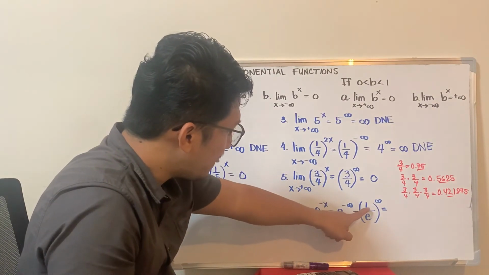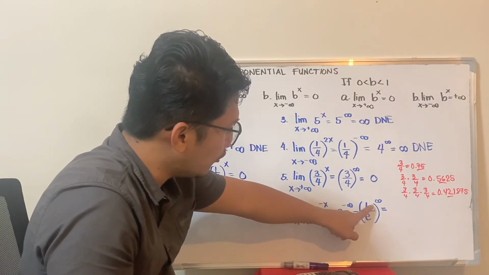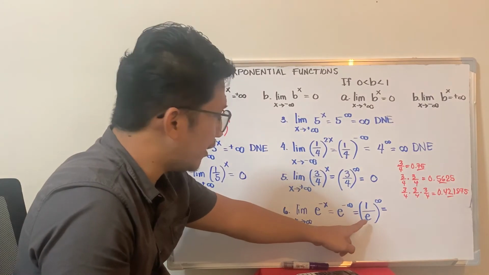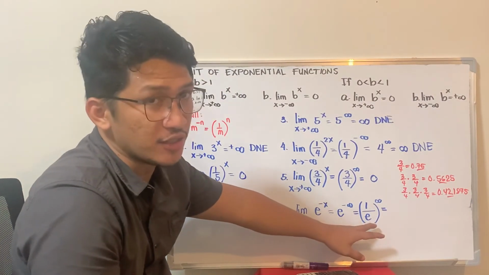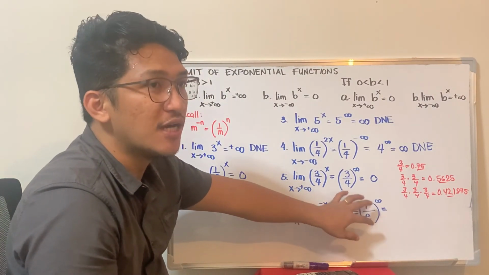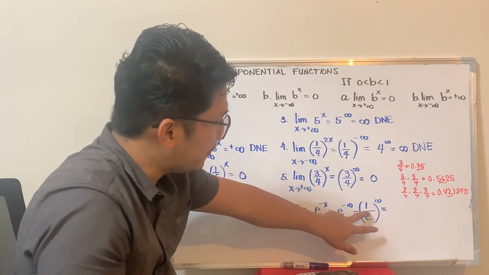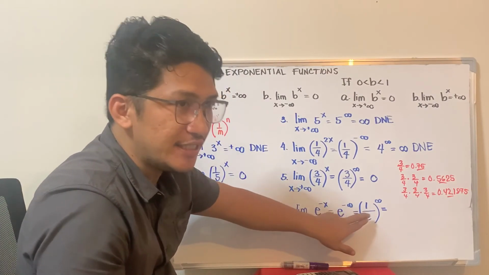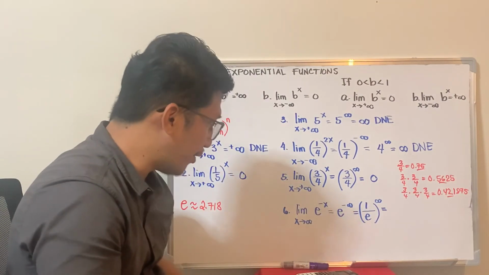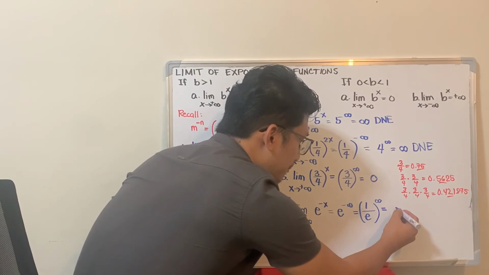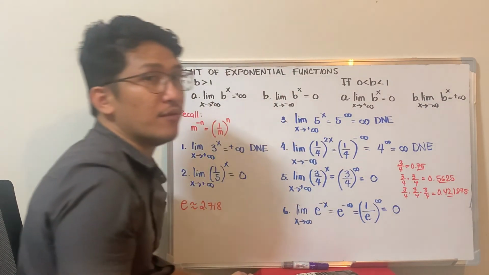So here, it is like a proper fraction, though 1 over 2.718 is not really a proper fraction because it is irrational. Well, the logic is that this number is now less than 1. Then, when multiplied by itself infinitely many times, of course, the number will be approaching 0.